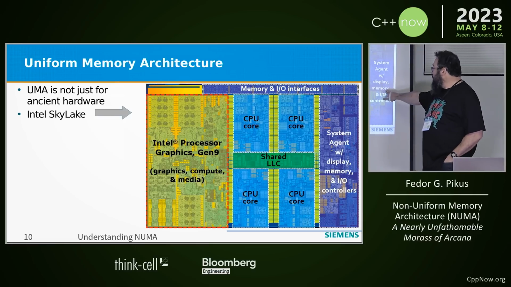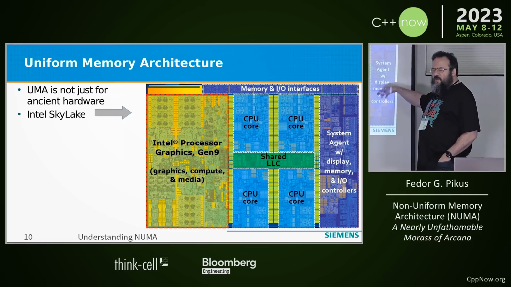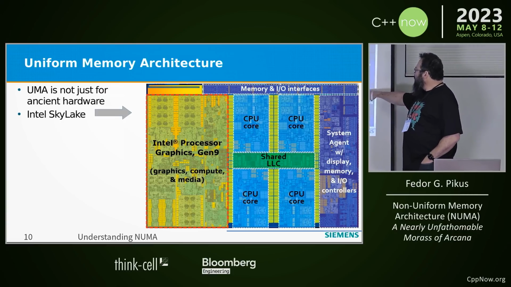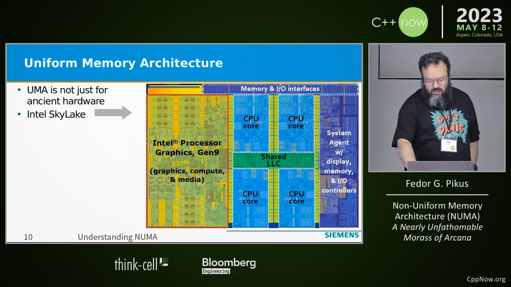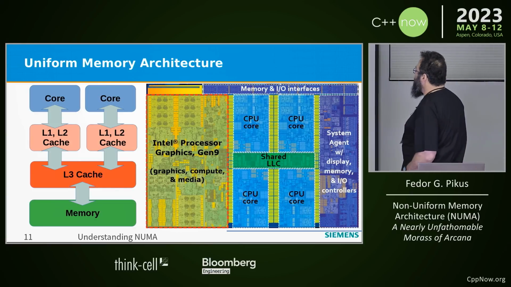It actually has an embedded memory controller. So the Northbridge is on the chip. Well, the Southbridge is also on the chip, but that's not important right now. What used to be the Northbridge is on the chip. The memory controller is here, and that's what connects to memory.